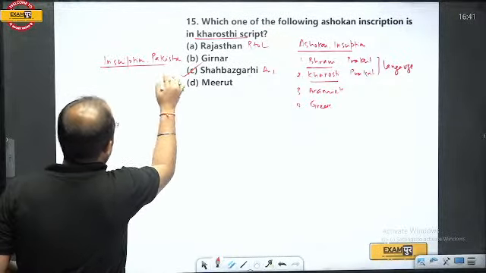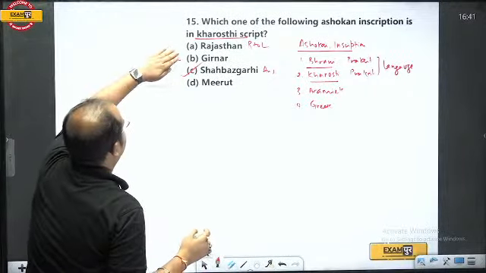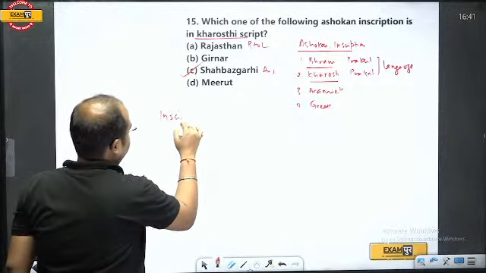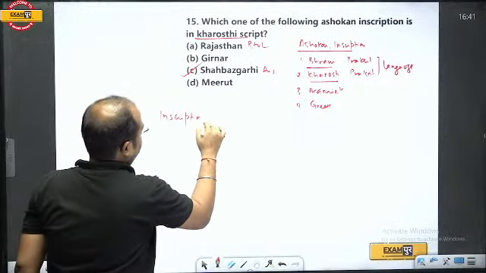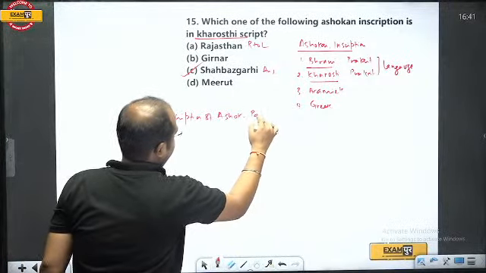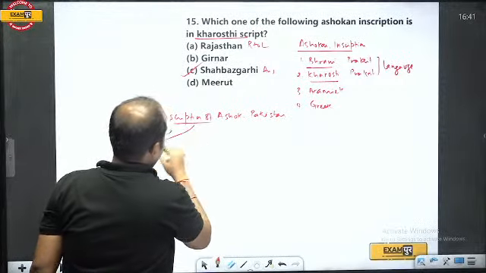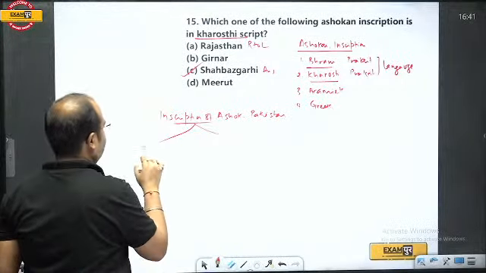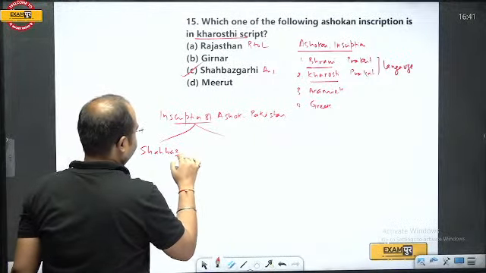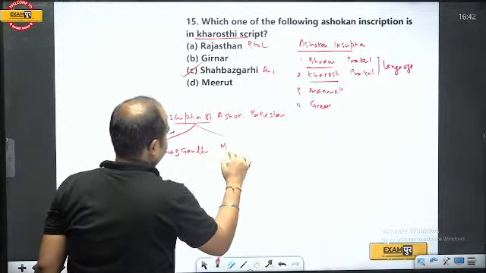So they are from two places. One second, guys. Let me write it properly. Inscription of Ashok that is found in Pakistan, they are from Shahbaz Garhi and Manshera.